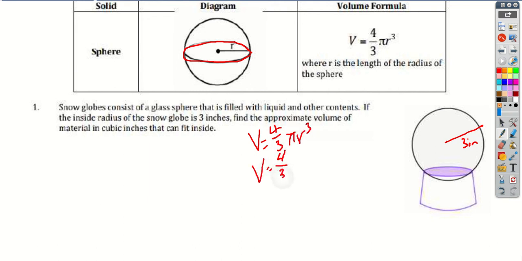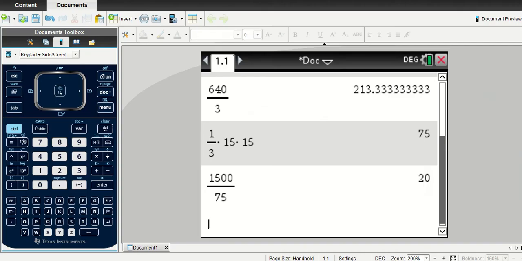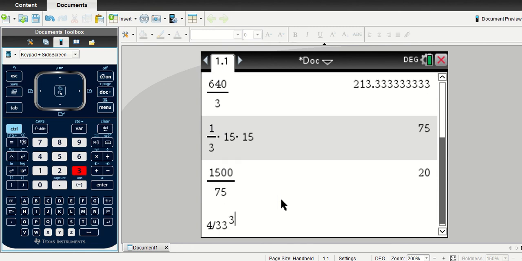So 4/3 pi r, once again, is 3 to the 3rd power. Now it doesn't say what to round to, so we can just use in terms of pi here. So 4/3. We're not going to do the pi button this time. We would normally do pi, but since it doesn't say what to round to, we're skipping that, times 3 to the 3rd power.